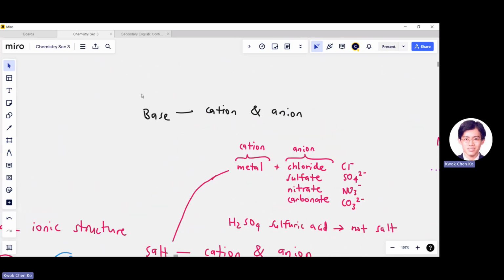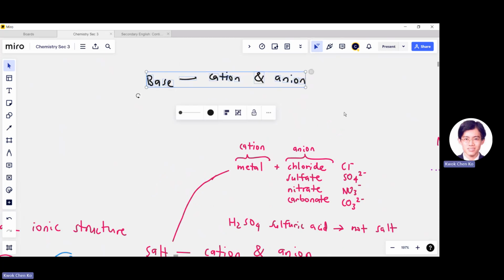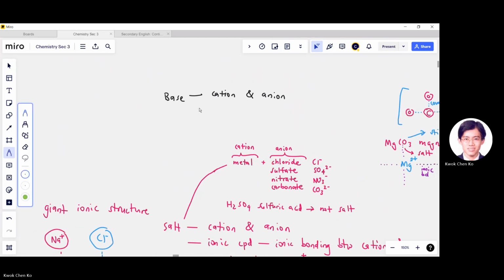I think I made that point quite a few times. So a base is an ionic compound. Again, the same story goes: an ionic compound means ionic bonds are present. It also means it has a giant ionic structure.